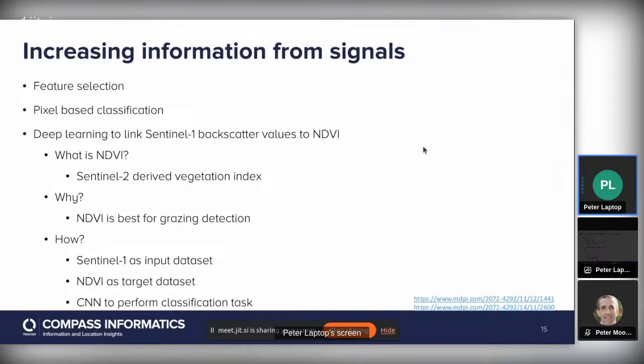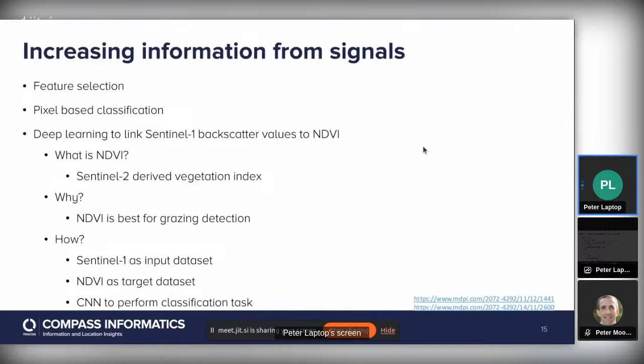Next is a deep learning way to link Sentinel-1 backscatter values to NDVI. NDVI is a normalized difference vegetation index, which basically indicates how green, or among other things, how green a plant is. Grass loses its greenness after grazing events, which means that it can be used for grazing detection.